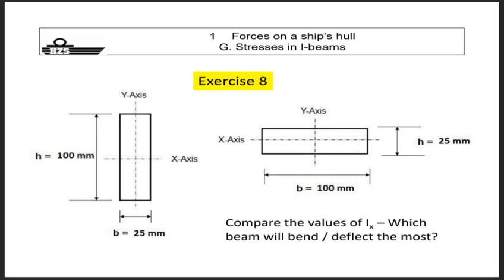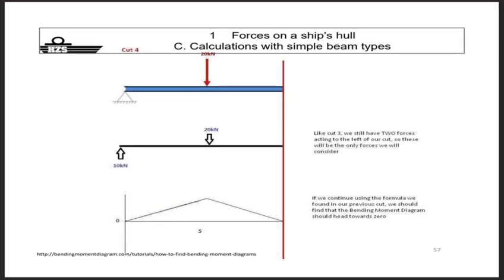Let me take, for instance, a beam from previous talks. This, for instance. We have here a point load in the middle of a beam which results in a certain bending moment diagram.